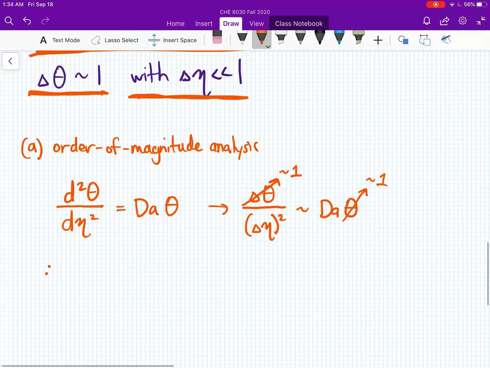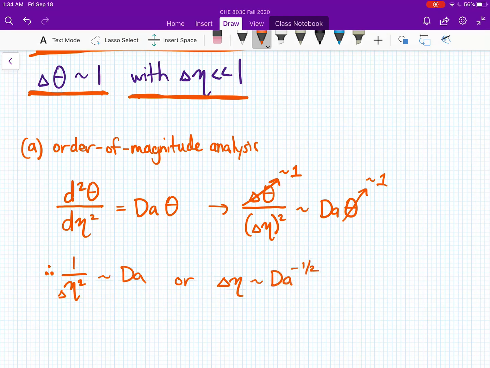And therefore, 1 over delta eta squared is on the order of the Damköhler number, or written in a different way, delta eta is on the order of the Damköhler number to the negative 1/2.